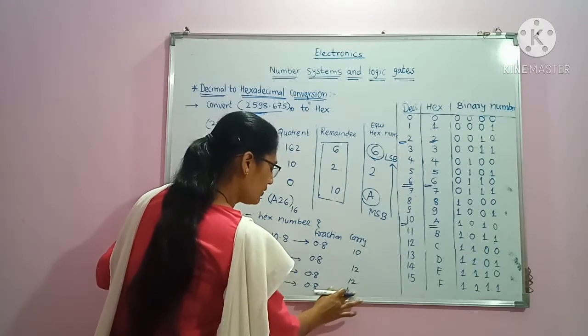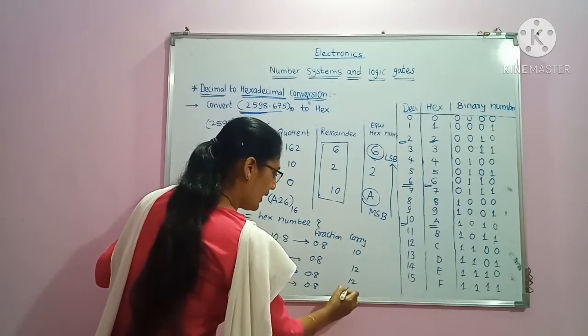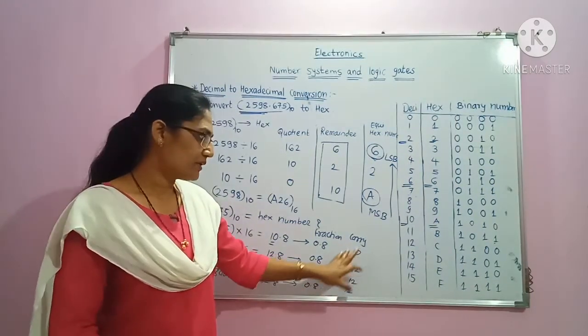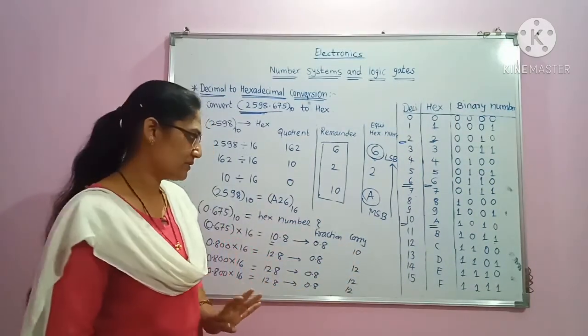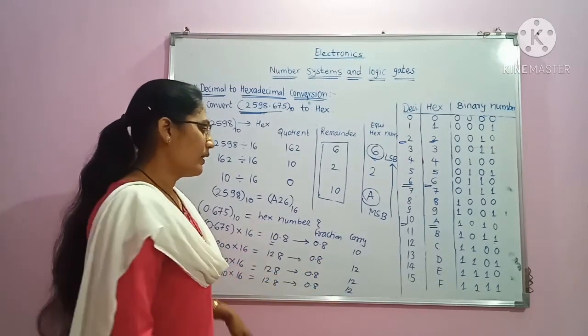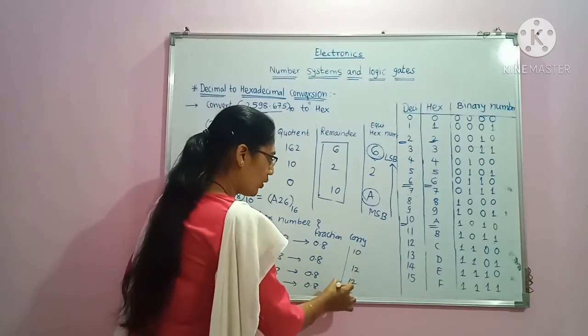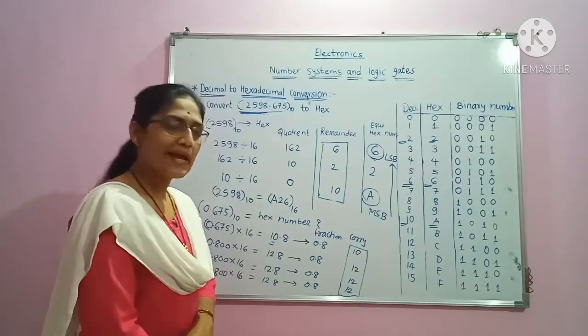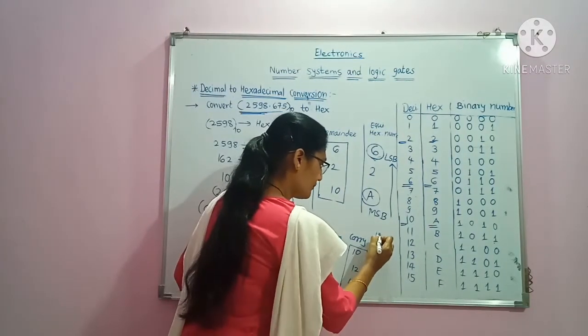So I have completed a nibble, because it consists of 4 bits. So I will stop now, and this carry column is most important in order to find its hex equivalent.